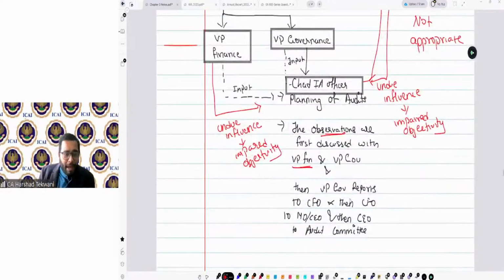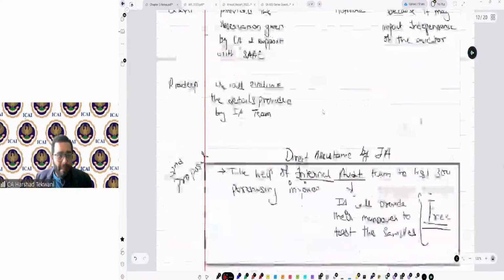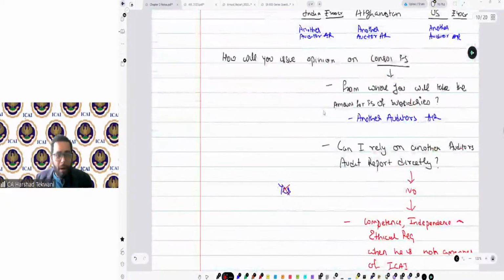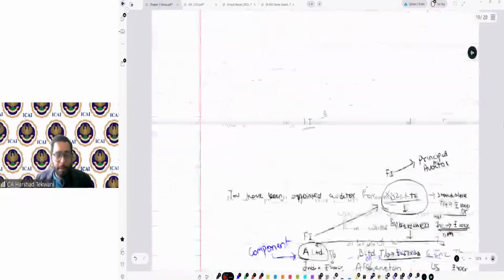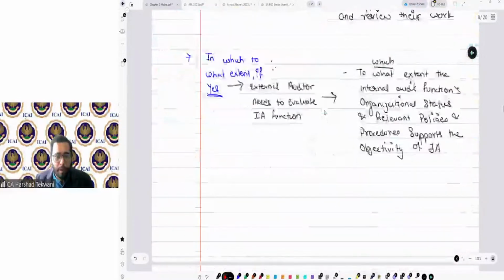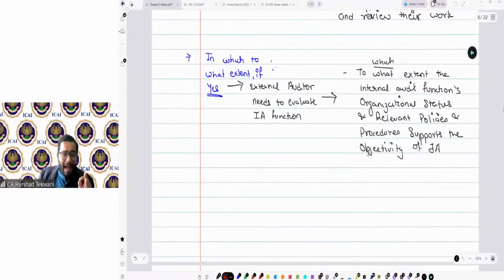Below the chief internal audit officer, the internal audit function is there. To which extent the internal audit function's organizational status and relevant policies and procedures support the objectivity of the internal auditor will help me decide whether I should rely or not.